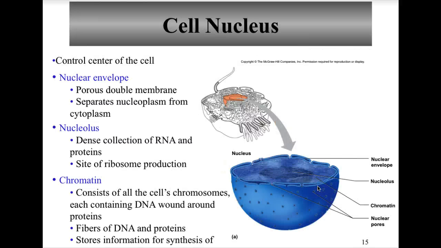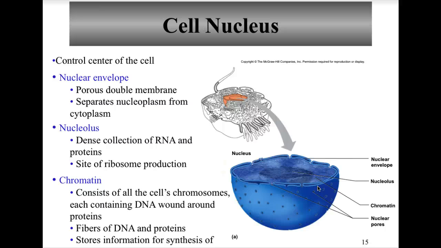All right, the nucleus. The cell nucleus is the central core, control center, or brain of the cell. It's the largest organelle of the cell. It's filled with nucleoplasm, and it contains three distinct regions. You have the nuclear envelope, the nucleolus, and the chromatin.